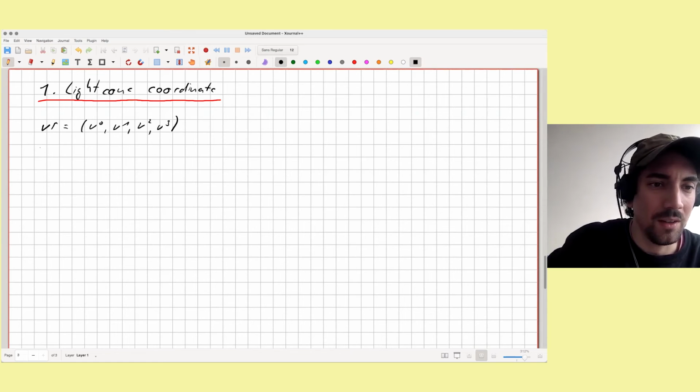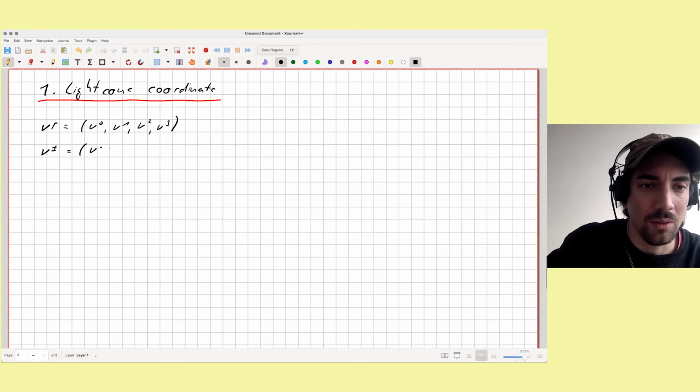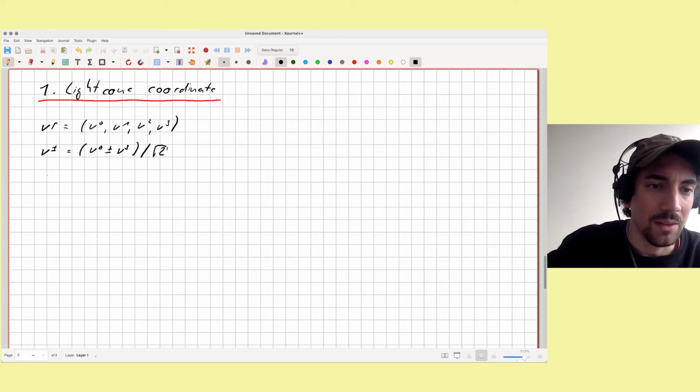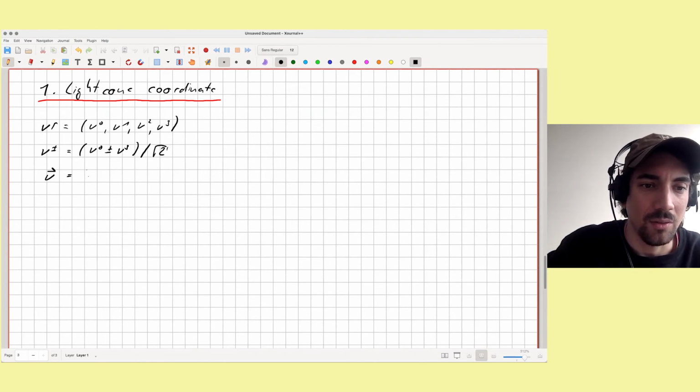We can define the following: the plus and minus components defined as v0 plus minus v3, divided by the square root of 2. And then the vector components, which are just the v1, v2 parts of the initial vector.